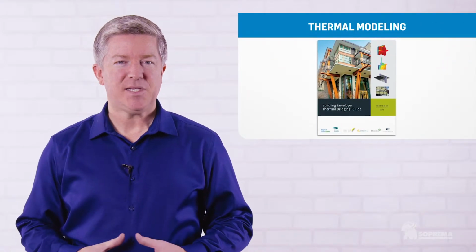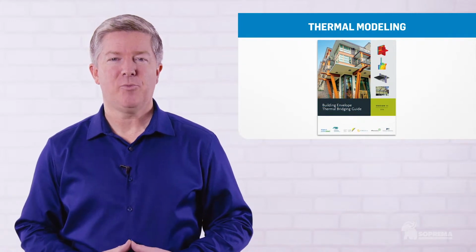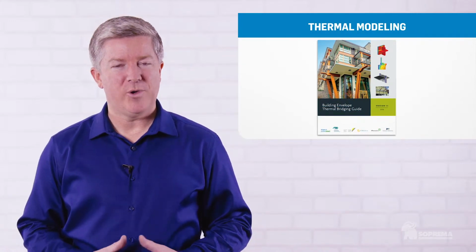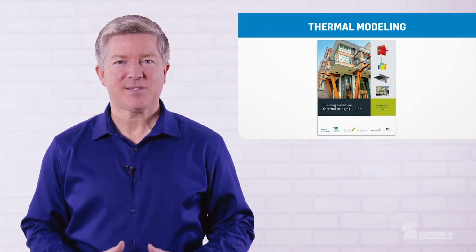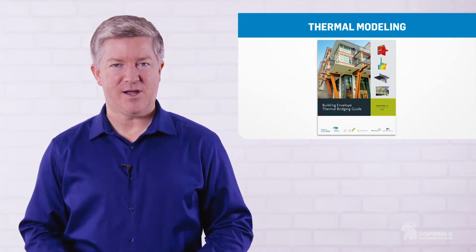What is the impact of using continuous external insulation? In order to find out, we looked at studies published in recent years. Based on the work done by engineering firm Morrison Hershfield, BC Hydro published the Building Envelope Thermal Bridging Guide. We contacted Morrison Hershfield and asked them to extend the work that led to the guide.